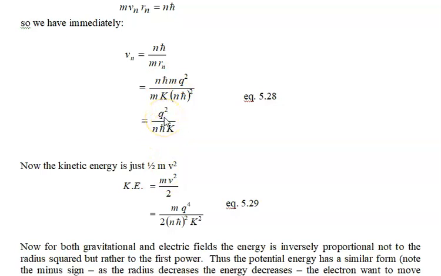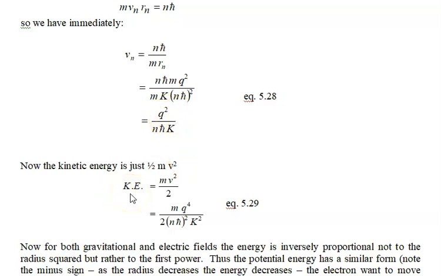Now, why do we have q squared instead of q1 times q2? The reason is that the electric charge of a proton is precisely equal to the electric charge of an electron, namely 1.6 times 10 to the minus 19th coulombs. So that's why we square this rather than having two separate charges.